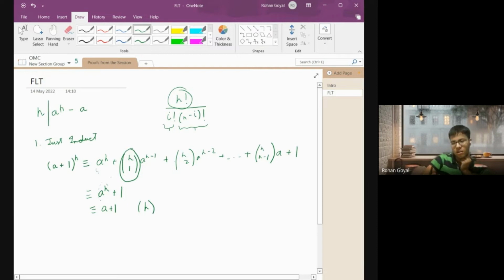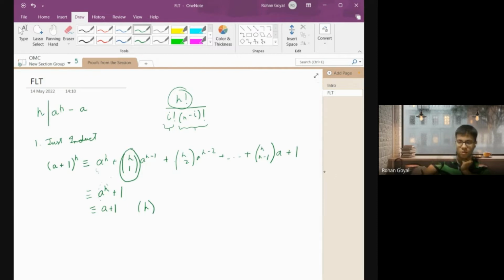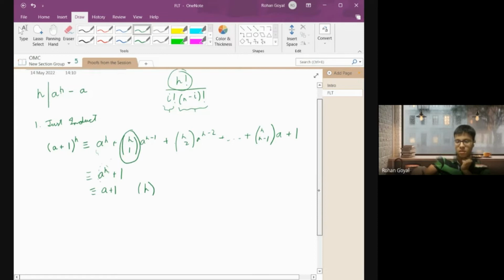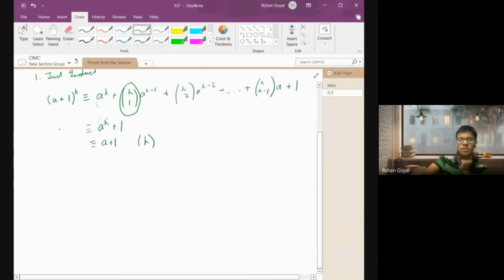Very clean induction, and you don't really have to do anything much. Second, because of this idea I did right here, I don't really need it to be a. I can make it (1 plus 1 plus 1 plus ... plus 1) to the p, with a of these.